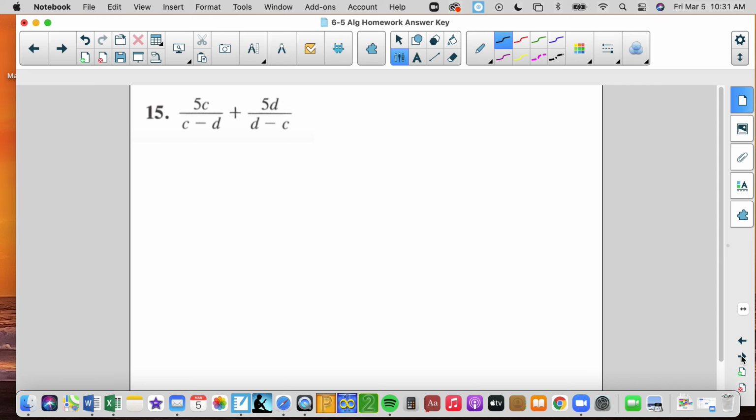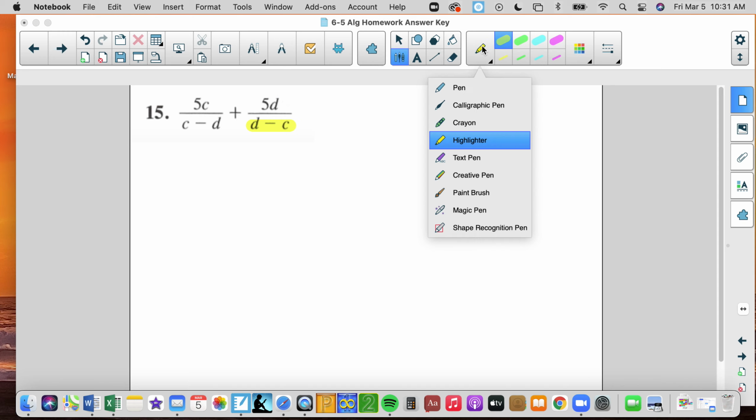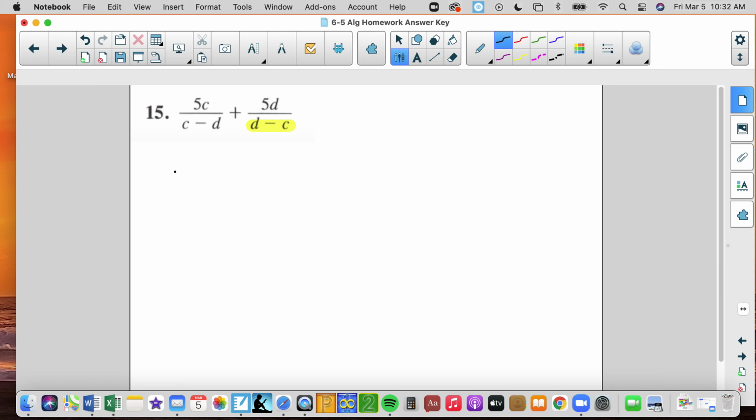Last one. Again, we still have a denominator that is not in standard form. So we get 5c over c minus d plus 5d over, let's rewrite it, negative c plus d. Notice we're not combining these negative and positive here, because you can't combine that negative, since that negative is being added to d.